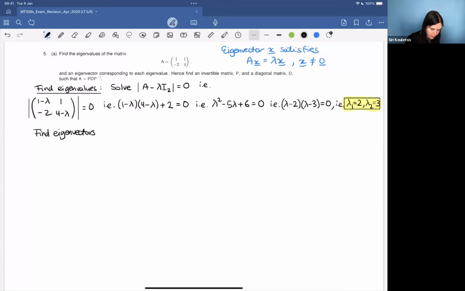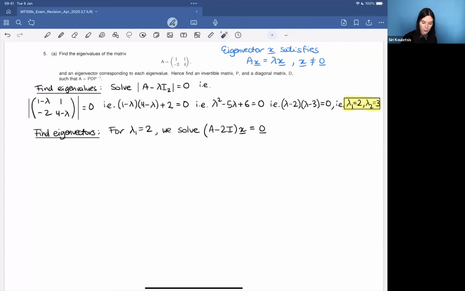So to find eigenvectors then, starting with the eigenvalue 2, we now solve this equation: A minus 2 times the identity matrix, times a vector X of unknowns, equals the 0 vector.